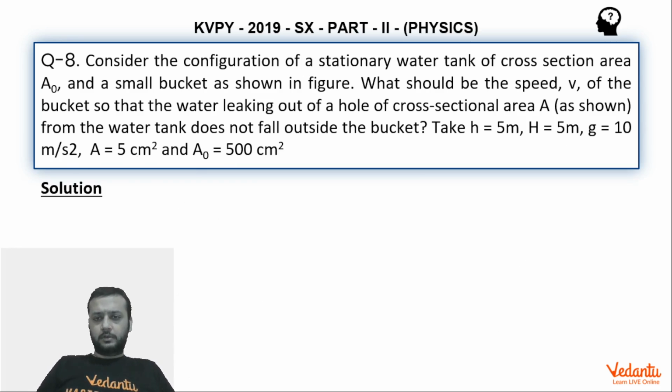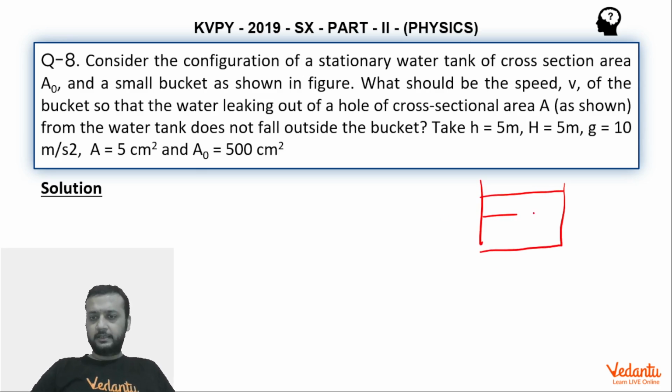Let me draw the situation over here. Let's say at any instance the water left is of height small h, and it is falling and striking this bucket, and let's say this distance is x.